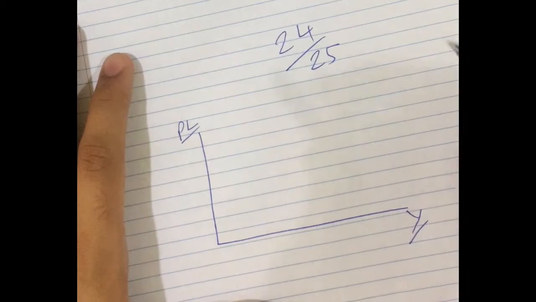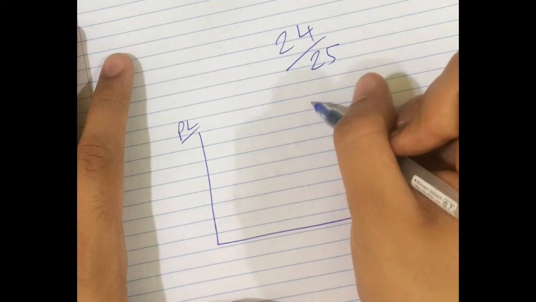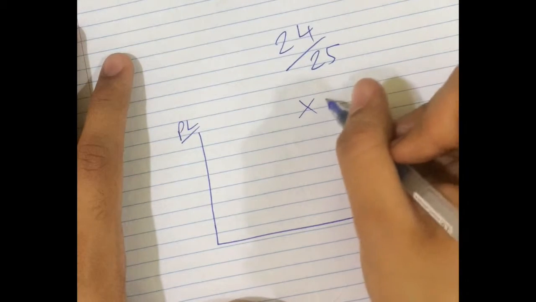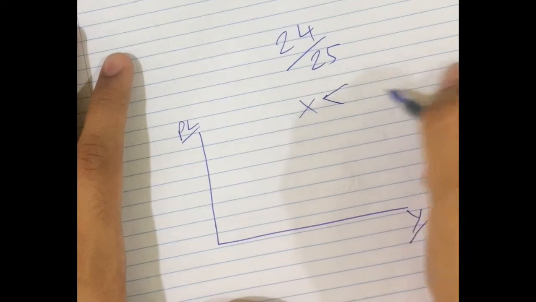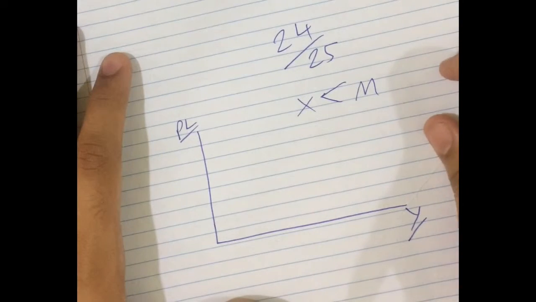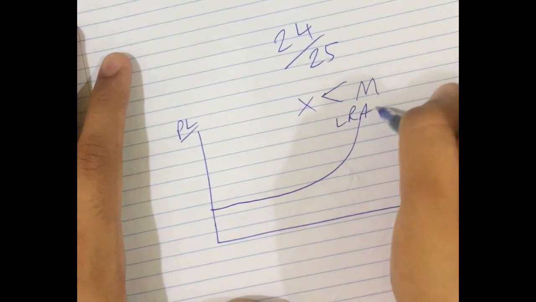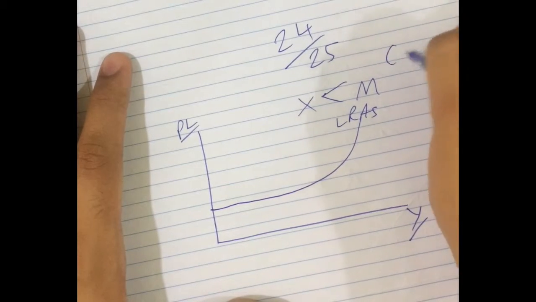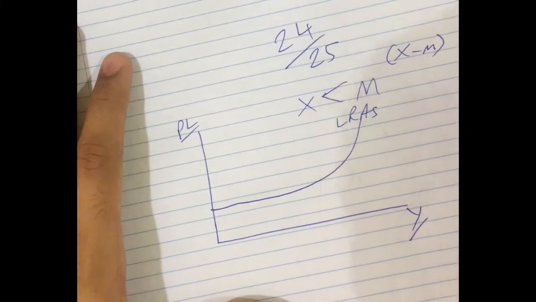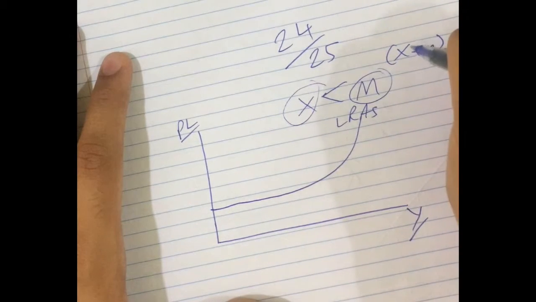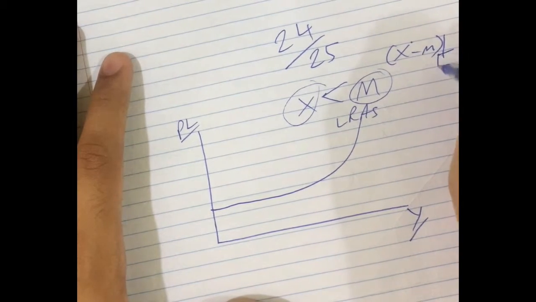Because if you have a current account deficit, usually what that means is that the value of your exports is smaller than the value of your imports. And because one of the factors of aggregate demand is net exports, if your value of exports is less than the value of imports, then net exports decreases.